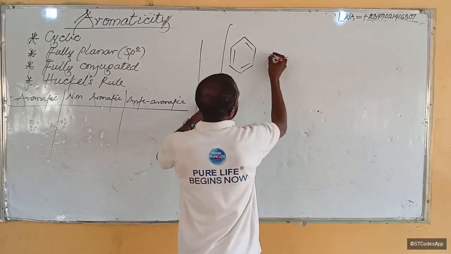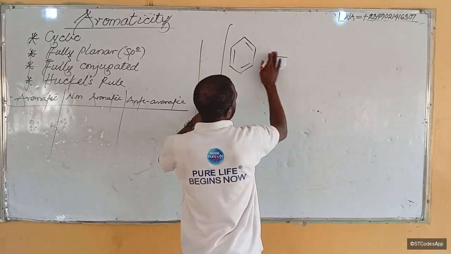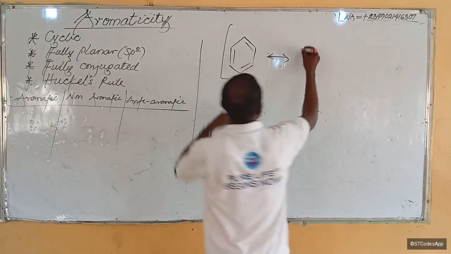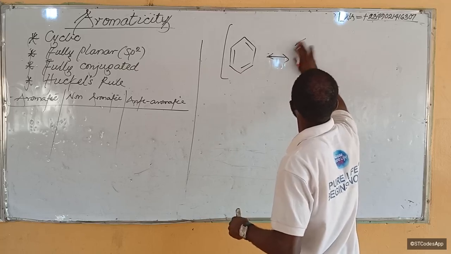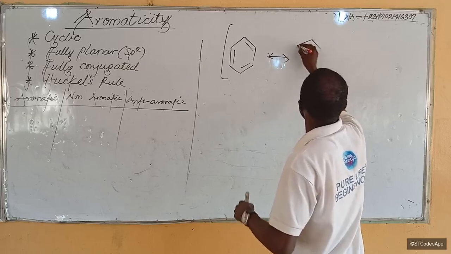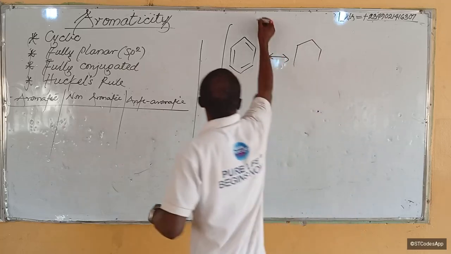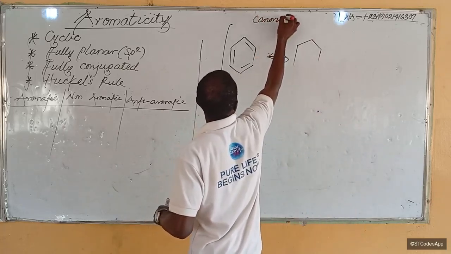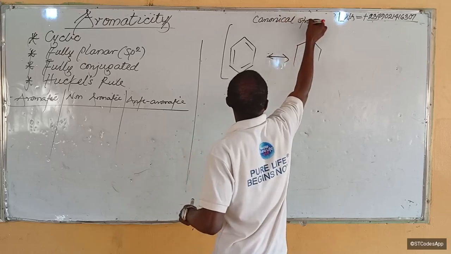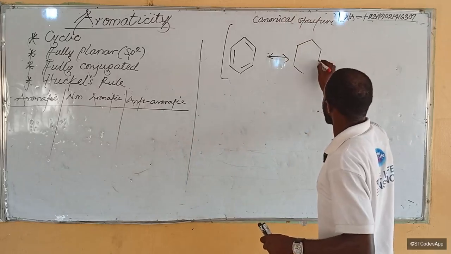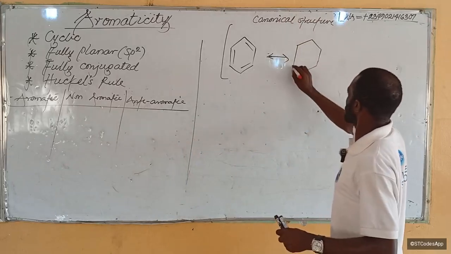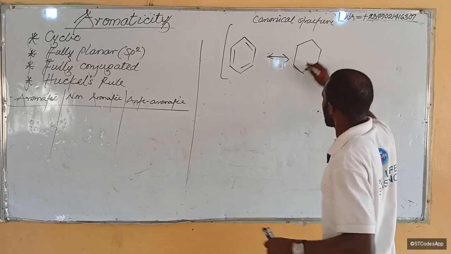These are canonical structures of benzene, and each of these separately does not exist in reality. What exists in reality is somewhere in between them.